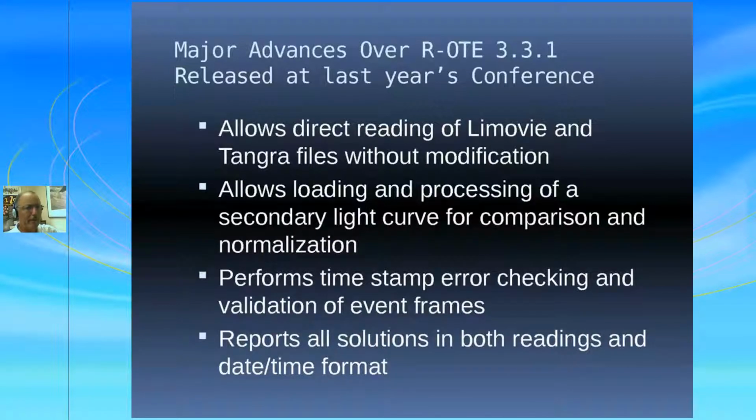So some of the major advances in 3.8.2 over last year's version: now you can read LineMovie and Tangra files directly without any modification, which really speeds up the process. It allows loading a secondary light curve that you can then compare to the target star light curve, and you can also do some normalizing from that light curve if needed.